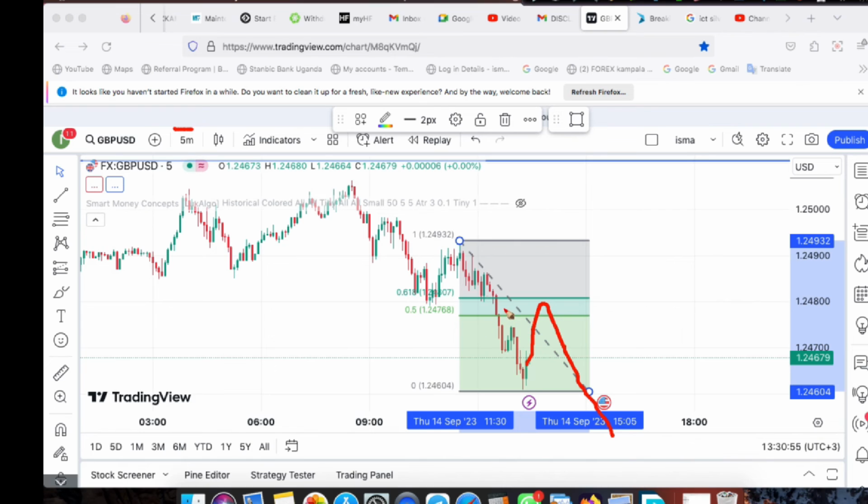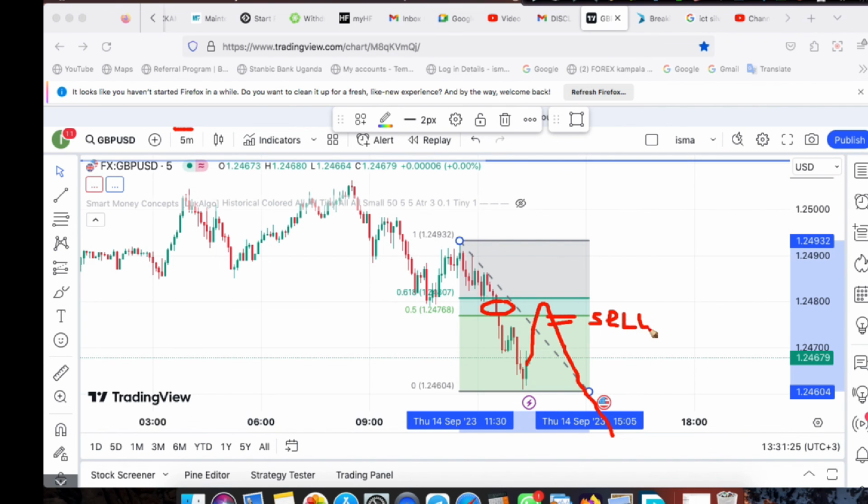Now, once you look at this particular point, you realize that between the 0.5 and the 0.618, the golden zone, there is a fair value gap here that needs to be filled. So by all means, the market has to come and fill this gap. In the process of filling this gap, we shall take the opportunity to sell once the market comes to this particular point, which is our equilibrium level, and then we put a sell order to profit from the market.